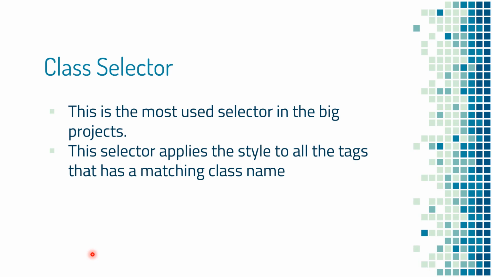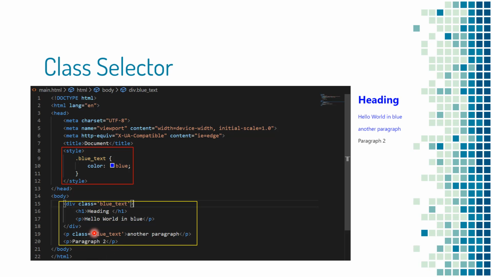You remember when we discussed the core attributes in the previous module, one of the core attributes was the class. So if we write our own style, all the tags that have the matching class name will take the same effects.